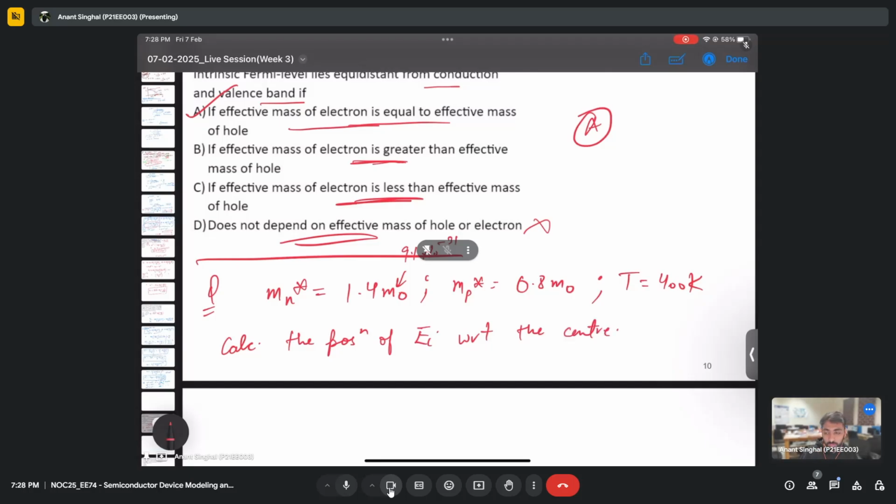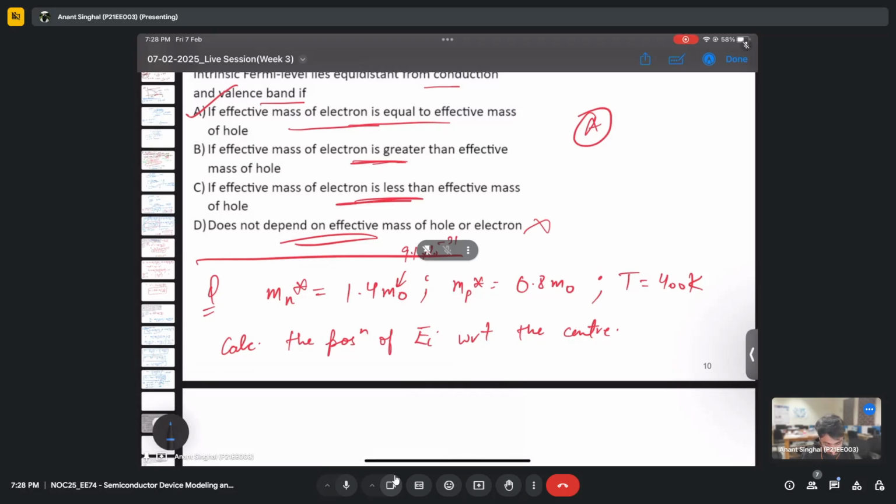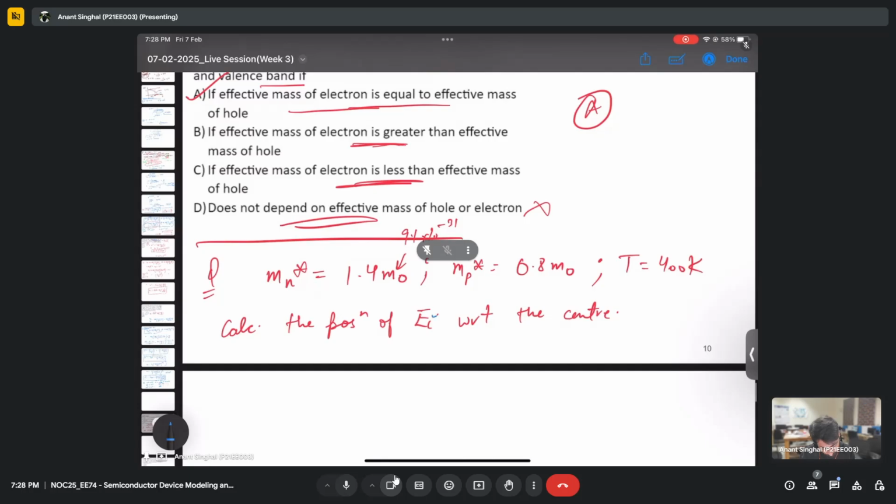Are you able to get the question? Please let me know if the question is clear. Yes, it will be below the center as Mn is greater than Mp.